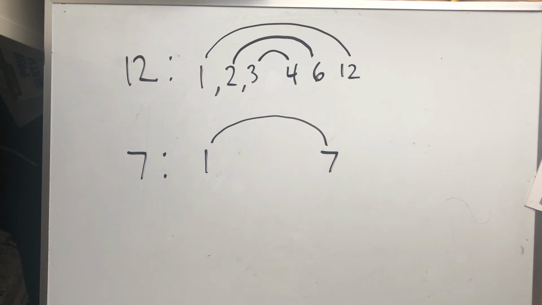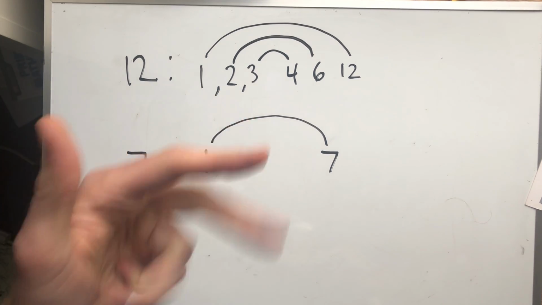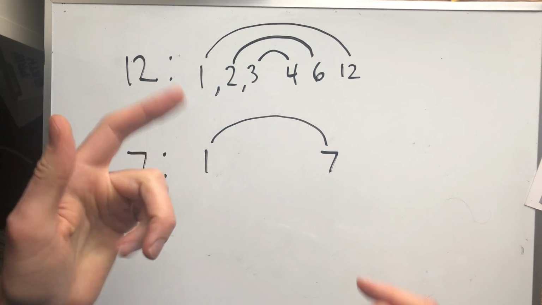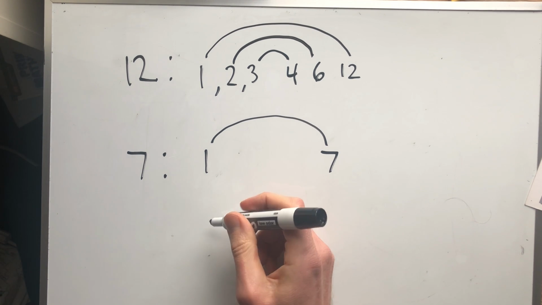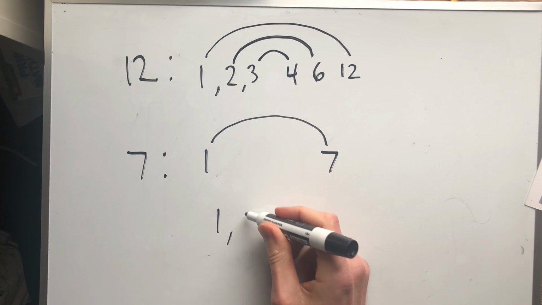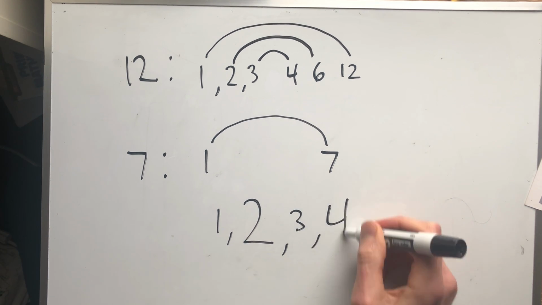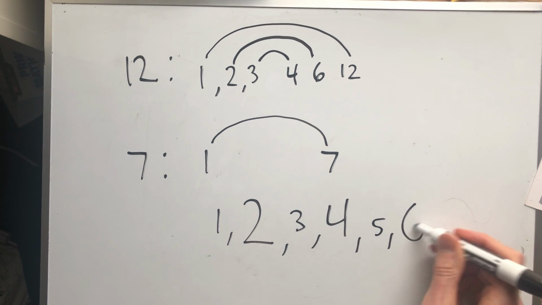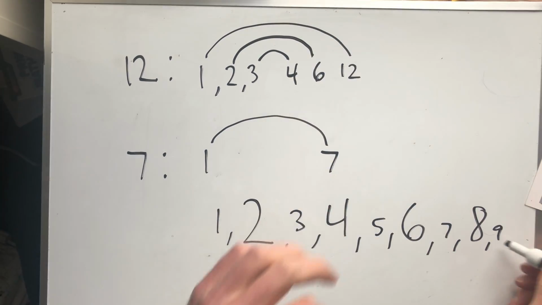You guys, even means 2, 4, 6, 8, 10, 12, 14, 16. It means you can count by 2s to get to that number. So every number goes odd, even, odd, even. So 1's odd, 2's even, 3's odd, 4's even, 5's odd, 6 is even, 7's odd, 8's even, 9's odd.